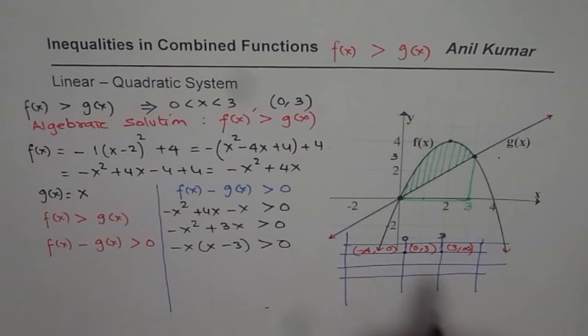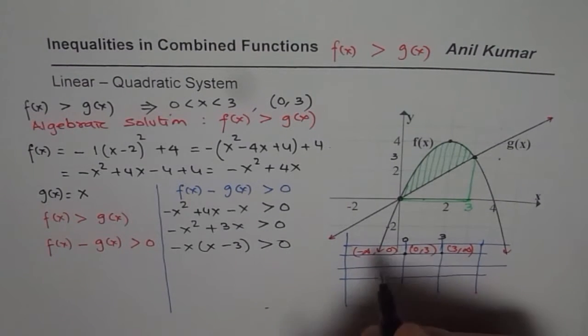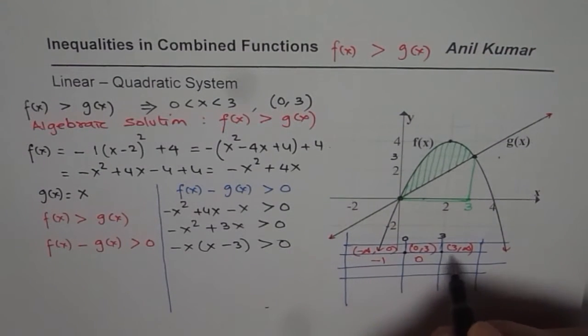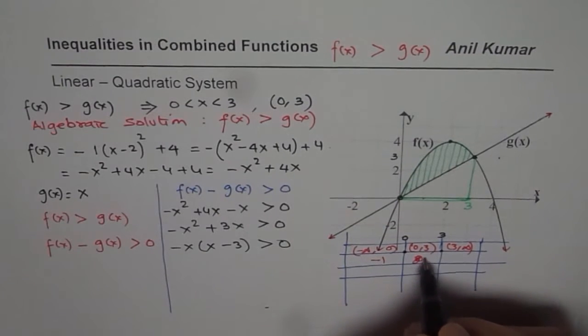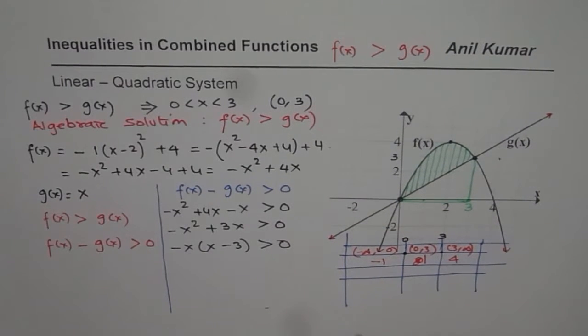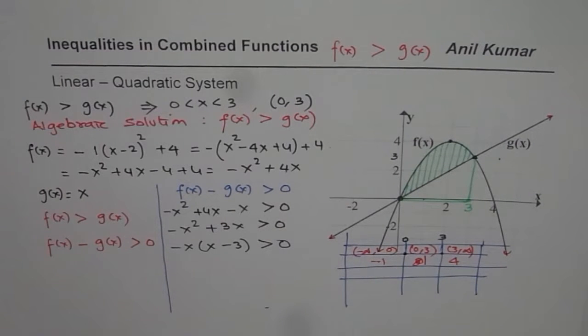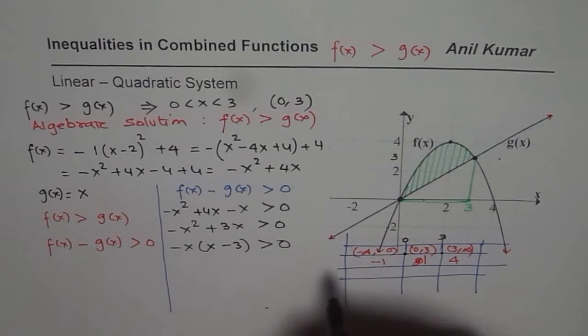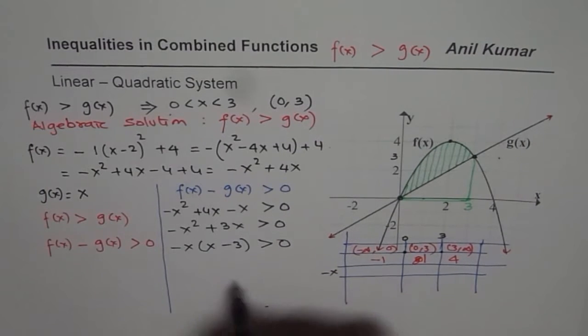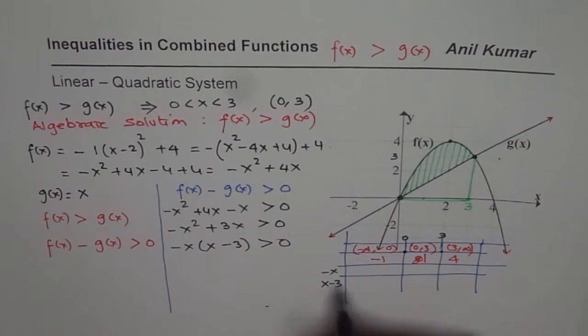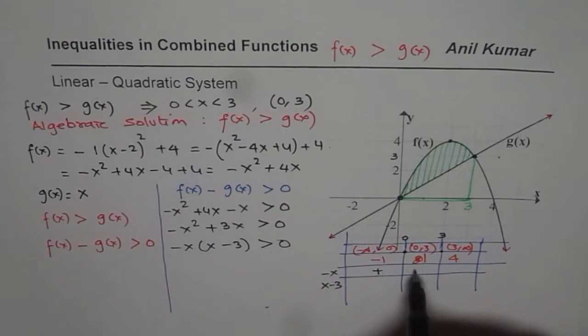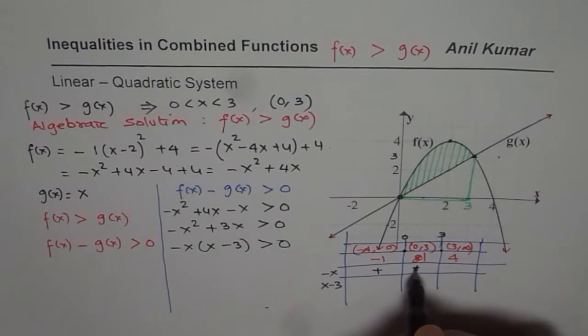So in this interval, let me take a test point as minus 1. Here 1. And here let's take 4. And then we'll test our factors. If I write these factors as minus x and x minus 3, then for minus 1, the first becomes positive. For 1, this will be negative.